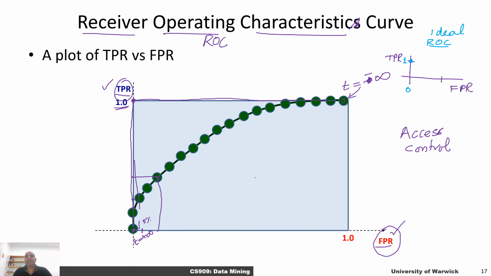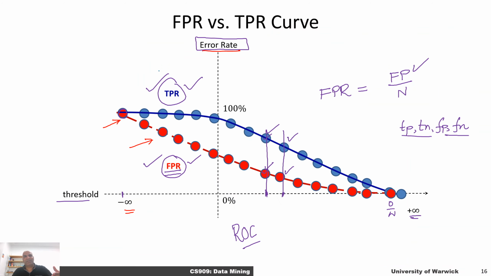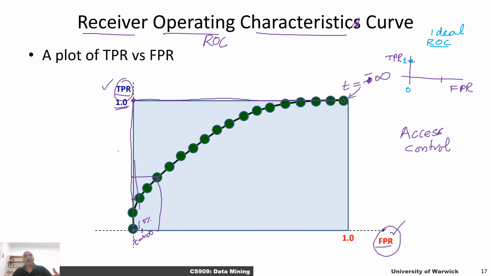What that means is that the ROC curve we get is going to be a monotonically non-decreasing curve. Okay, so think about why that would be the case. If you understand this bit, it should be relatively straightforward for you to derive why this ROC curve should always be monotonically non-decreasing.